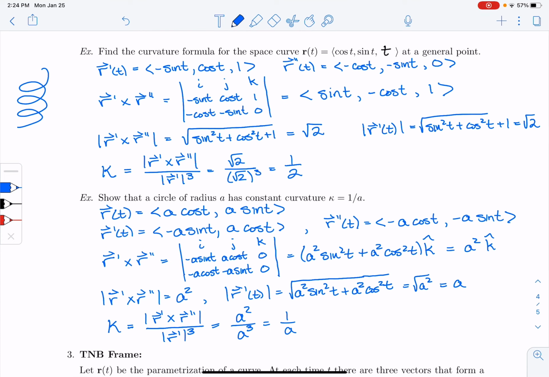So what this says is the larger the circle, the smaller the curvature. So you can think about if we have a small circle, okay, a small tight circle like that, then the tangent vector is going to change very quickly as we move around the circle.